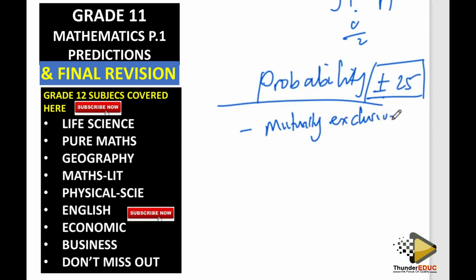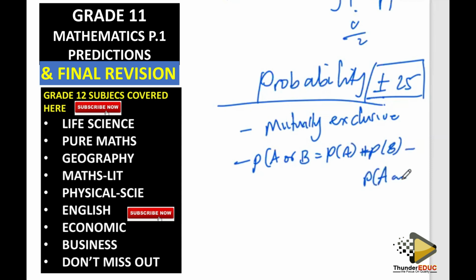We need to know the addition rule: probability of A plus probability of B minus the probability of A and B. So if events are mutually exclusive, what happens? If events are independent, then what happens?